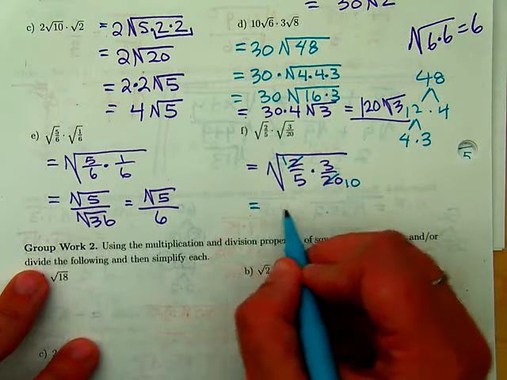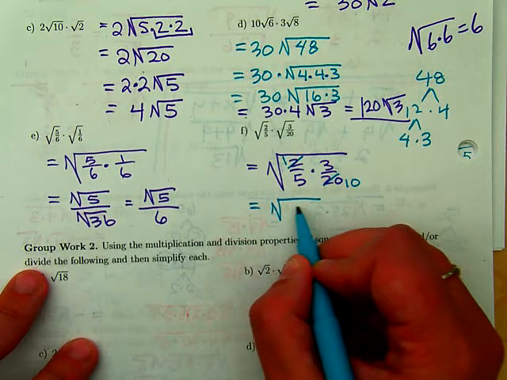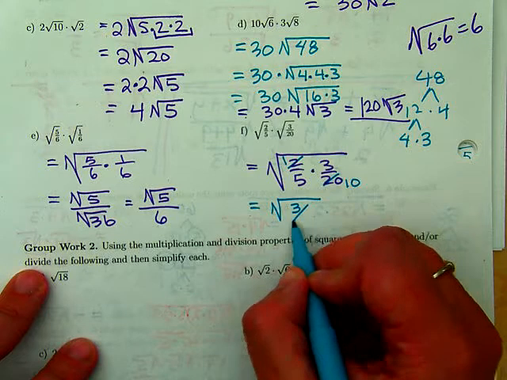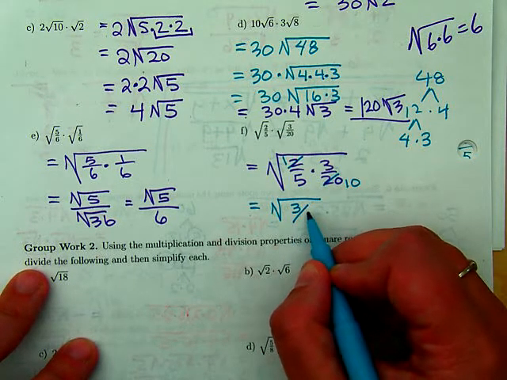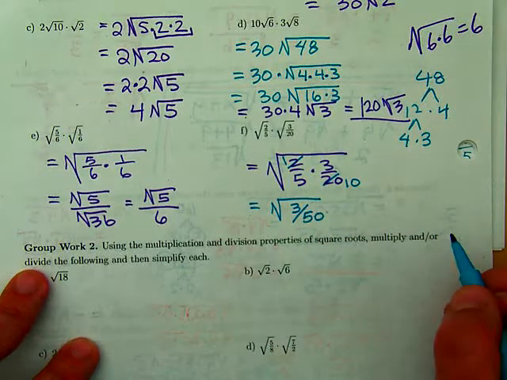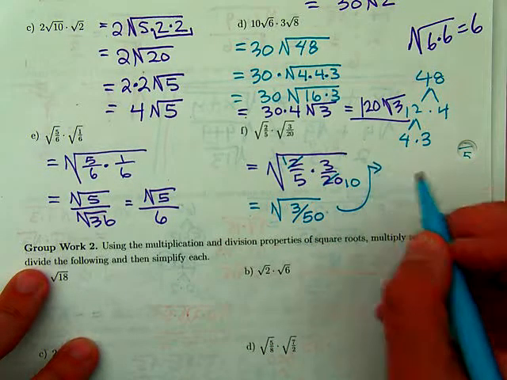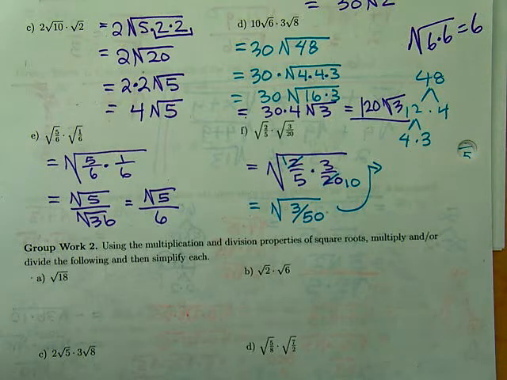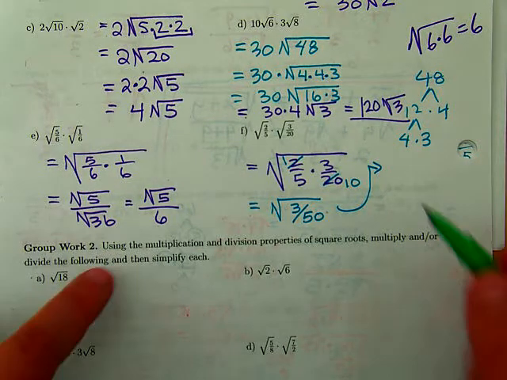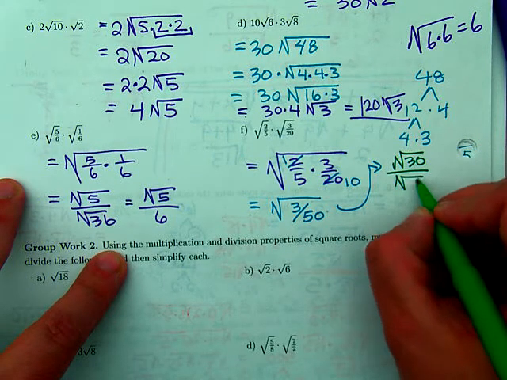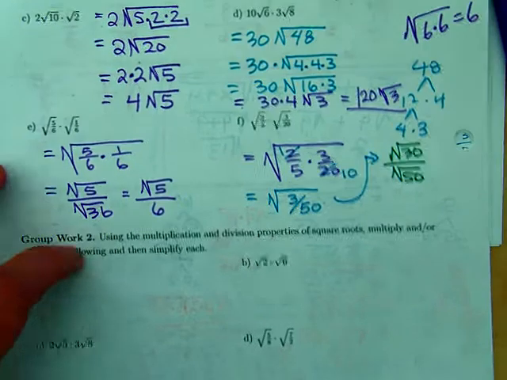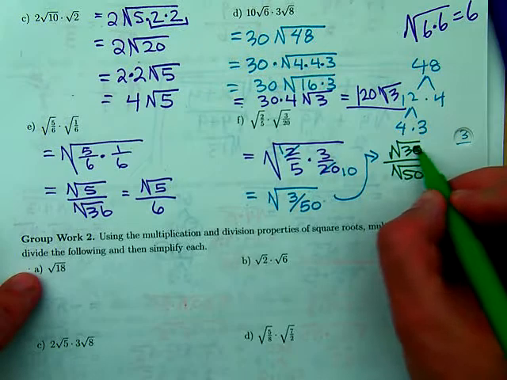No. So this becomes the square root of 3 over, anyone? 50, which is the same thing. I'm going to move over here and I'll change colors so that it stands out. It's the same thing of square root of 3 over square root of 50. Oh, it's not 30, sorry, 3.